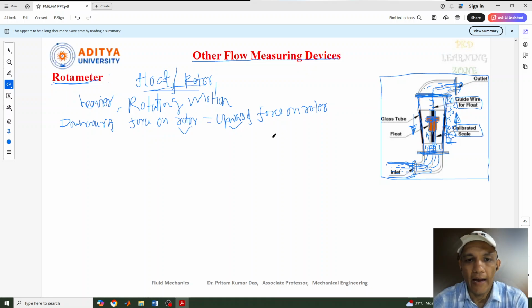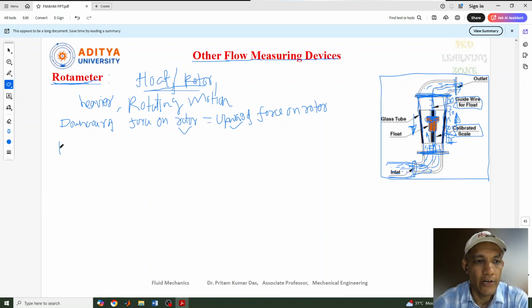Okay, and one more term I can mention, the hydrostatic force on the upper side of the rotor plus the weight of the rotor.